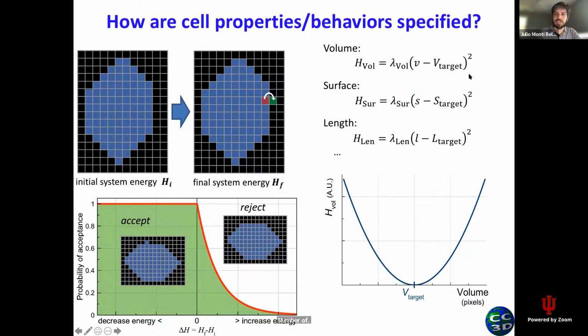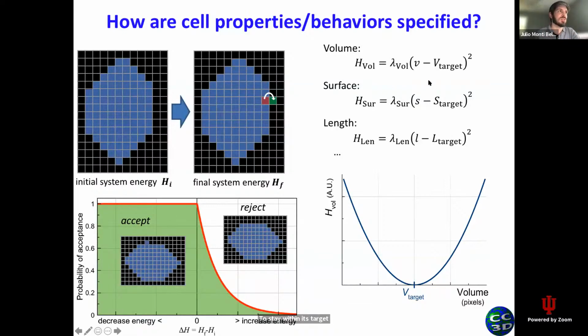And you look at the difference and square it, so you penalize deviation either to more area or less area. And then there's usually another term here, those lambda terms, that tell how strongly you want your system to stay within its target area or deviate from its target area.